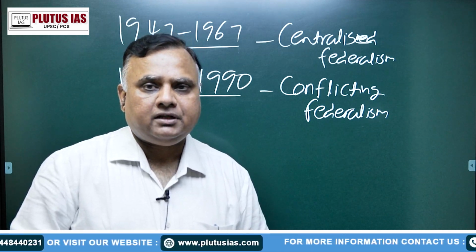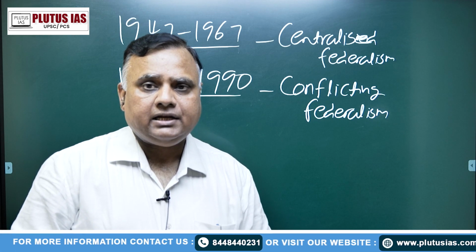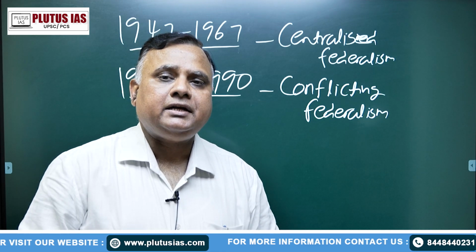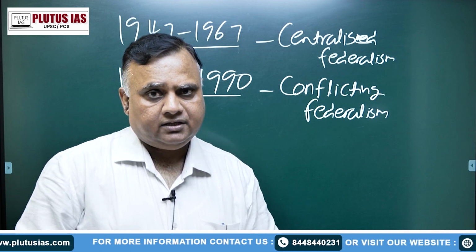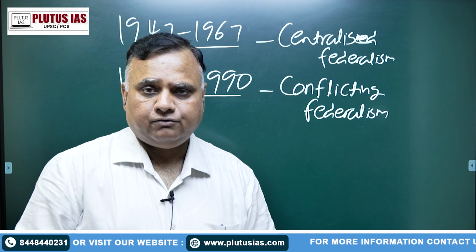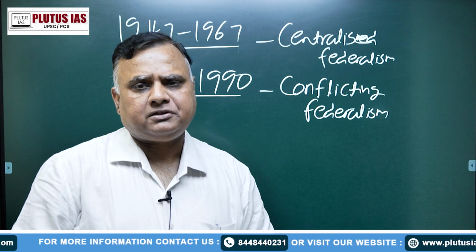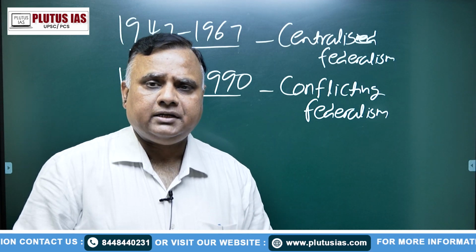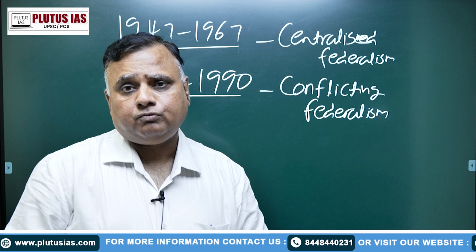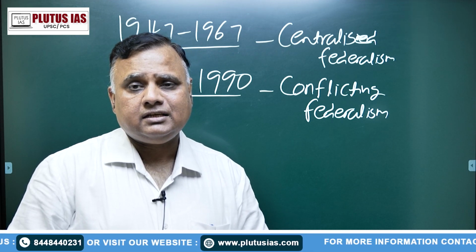Again, when there was a Janata Party government at the center, a non-Congress government, they dismissed 9 Congress governments. Again, when the Indira Gandhi government came back to power in 1980, it dismissed all non-Congress governments on the same ground that they have no mandate. In Jammu and Kashmir, there was president's rule in 1982, 1983, 1987. Punjab was under president's rule for the period 1987 to 1992 because of insurgency and militancy.